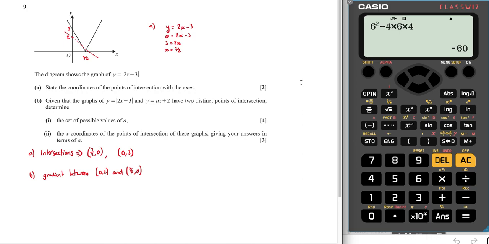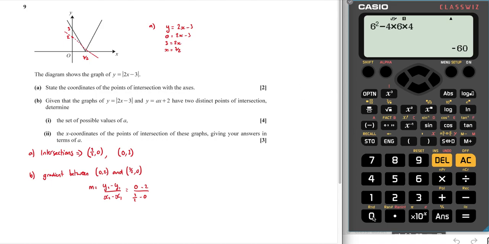Might be an upper limit, who knows. So m is y2 minus y1 over x2 minus x1. Y2 minus y1 is going to be 0 minus 2 over 3/2 minus 0.